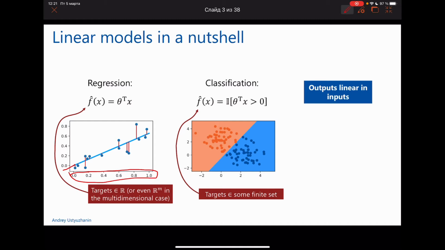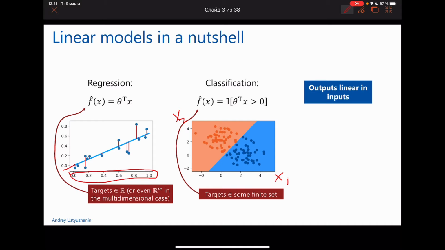And for a classification problem, we can also have a very intuitive interpretation of the linear model. The X features are here represented by two axes, X1 and X2. And the target that we want to predict is the color of every point.